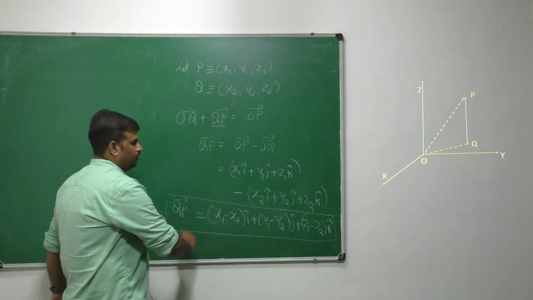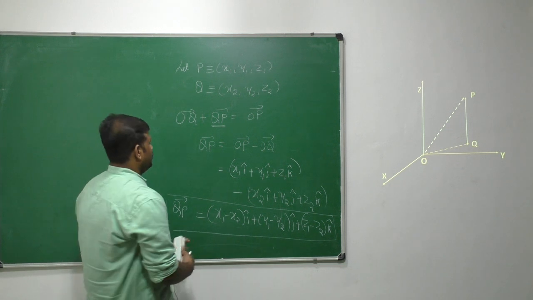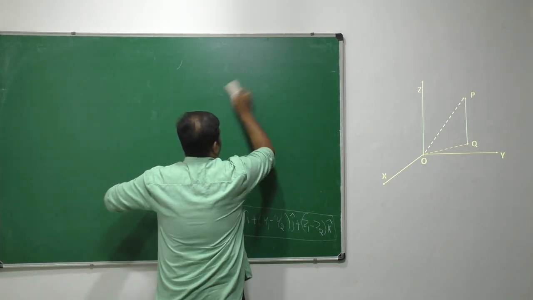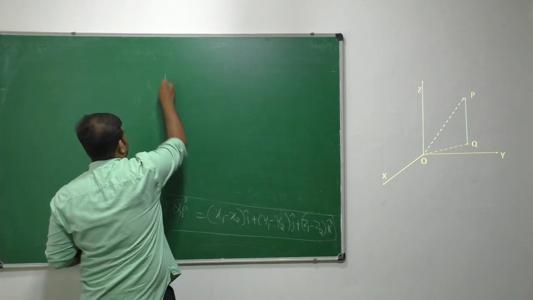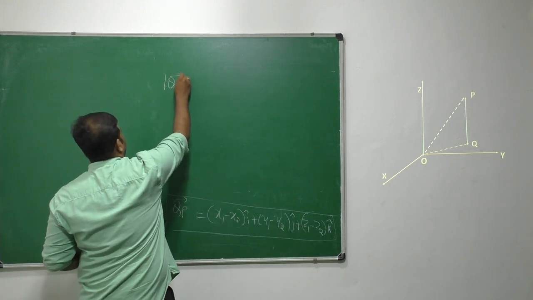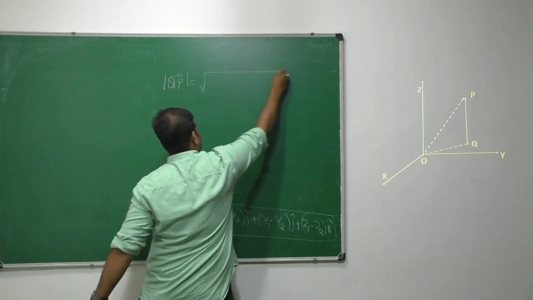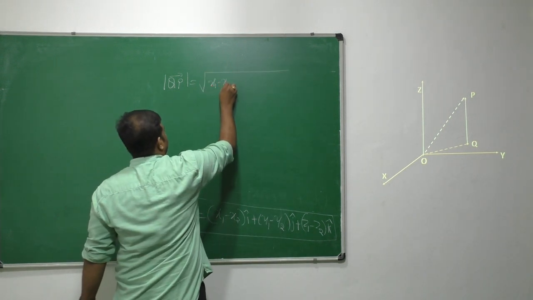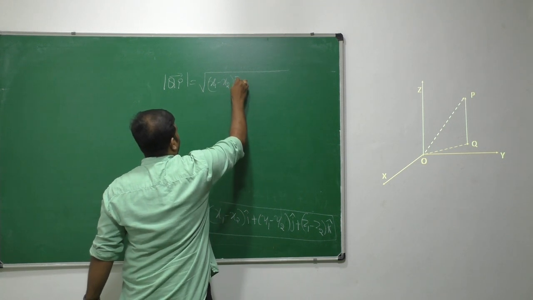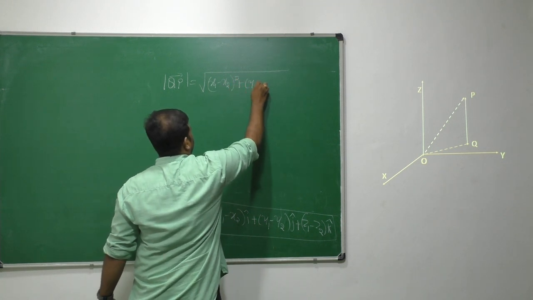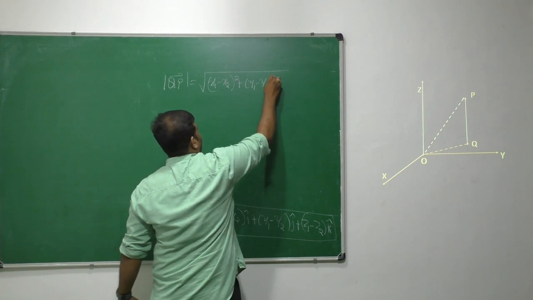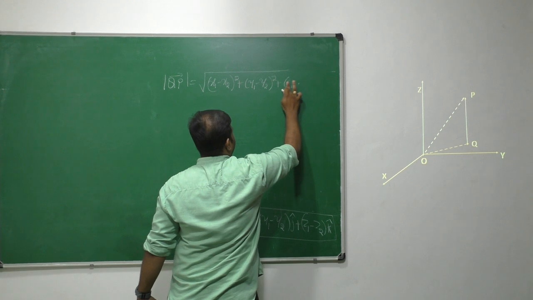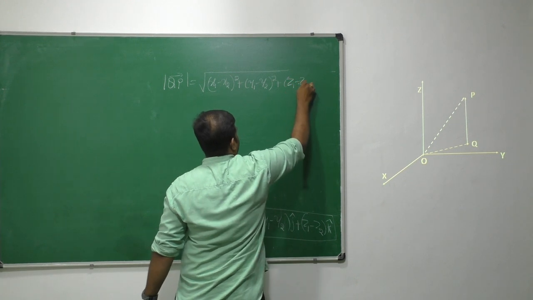Then what about the magnitude of this? The magnitude of vector QP is the square root of (x1 minus x2) whole square plus (y1 minus y2) whole square plus (z1 minus z2) whole square.